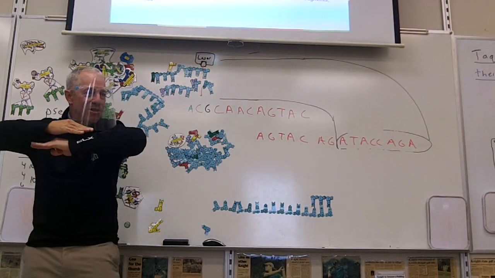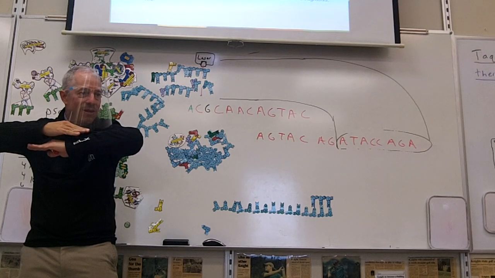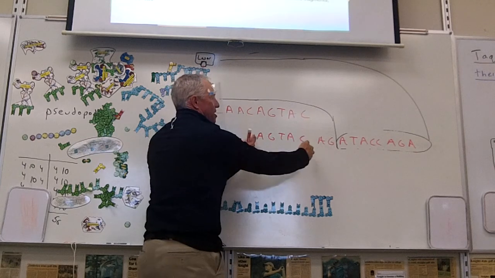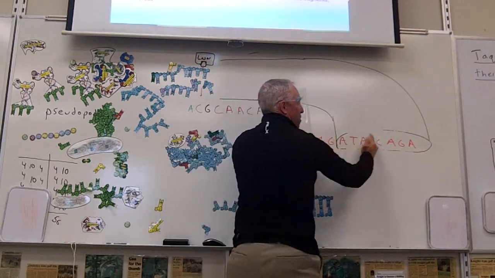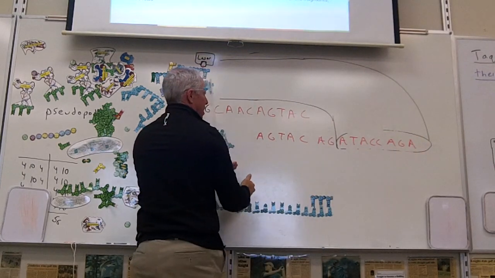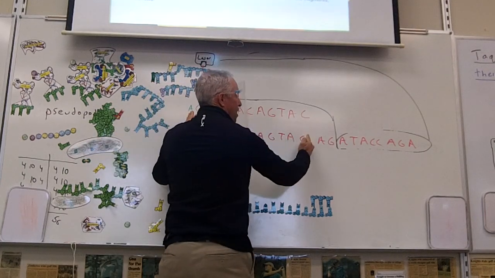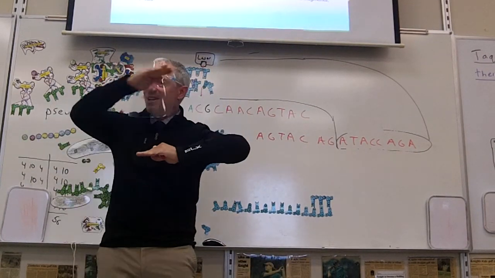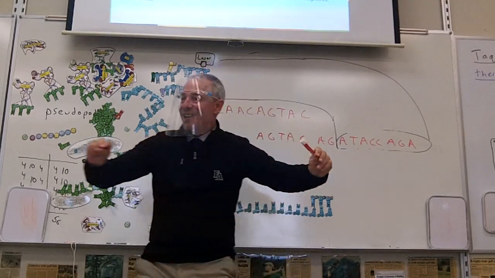It's like putting a puzzle together almost. The computer can figure out, oh, we have overlapping sequences. This must be the next part of the gene. So it must go like this and then there. And the computer can put all these things together, you see, and get the whole chromosome.